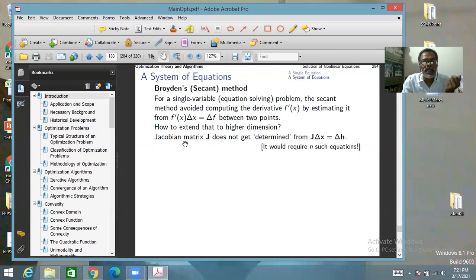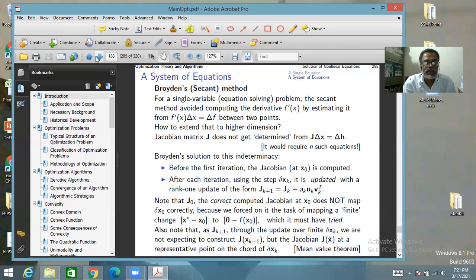The problem is that here, in place of f prime, we have the Jacobian, which is a matrix, and that does not get determined by one equation of this type. Based on one chord from xk to xk plus 1, you have one delta x and one delta h. With that, you cannot determine J completely. And that's a problem. So Broyden solves it in a very ingenious manner.